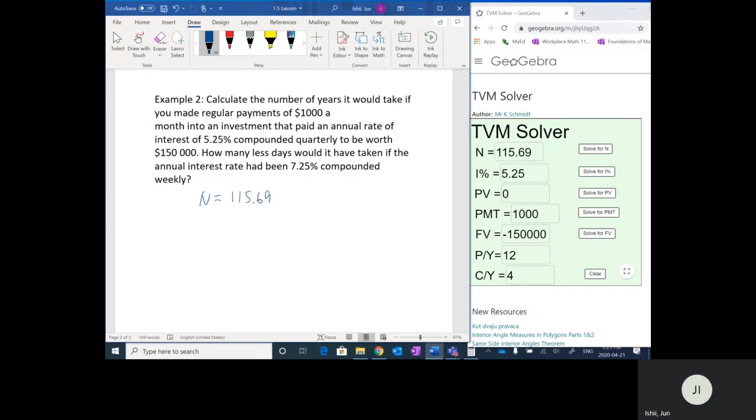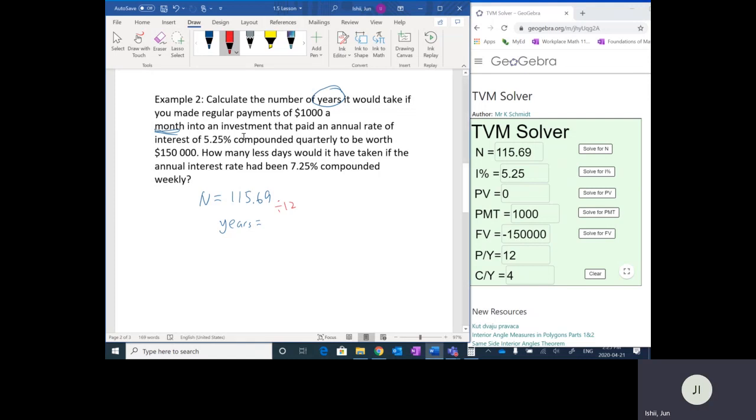Okay, so n is 115.69. Okay, now the thing is, this is not the number of years. All right, this is the number of payments. Okay, so to convert this to the number of years, since our payments are per month, what we actually have to do here is divide it by 12.